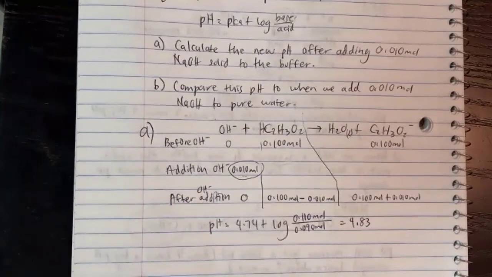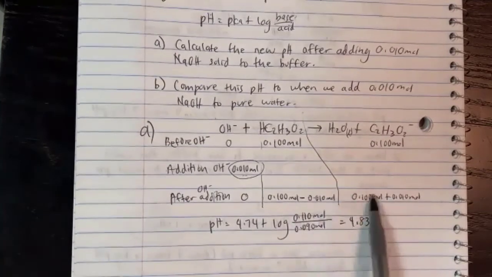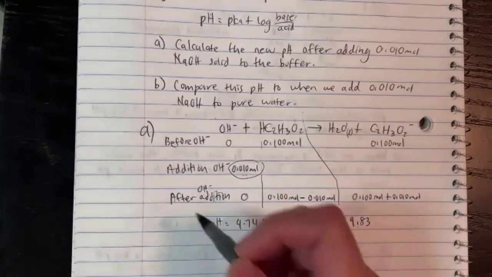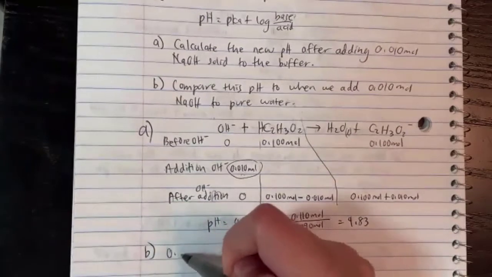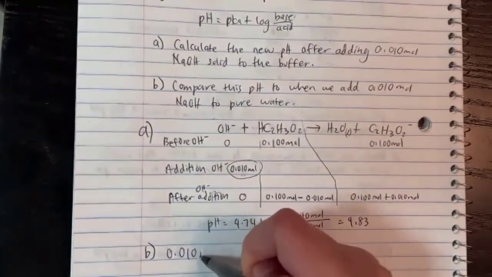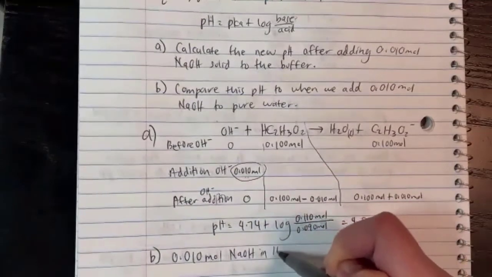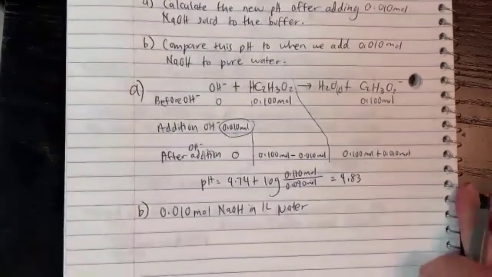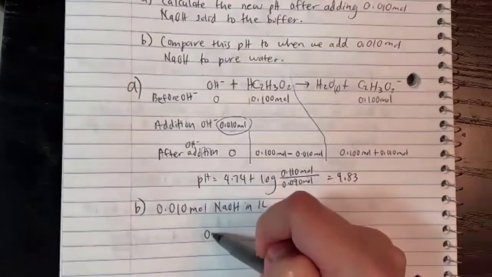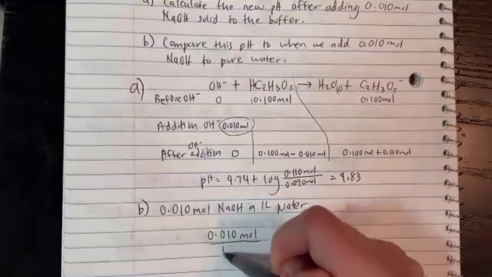Okay, so that's how you can see the actual calculation of the pH. You just have to find the ratio of these, how much it changed. And then for part B, you want to compare it by putting it straight into water. So we're doing 0.010 moles of NaOH in 1 liter of water, right? So your molarity is 0.010 moles over 1 liter.